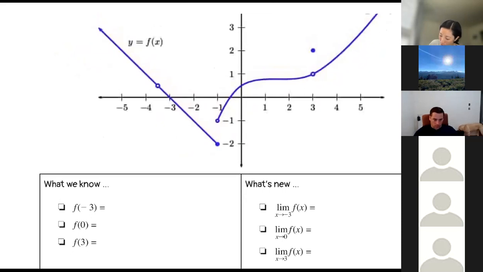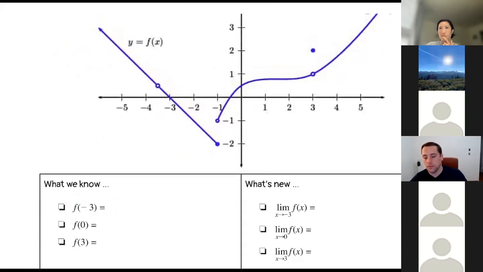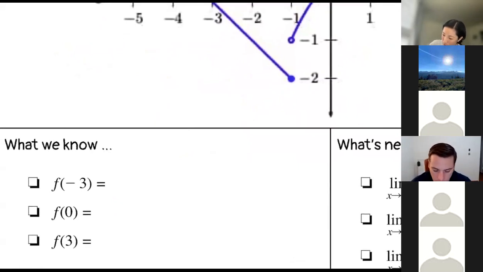But before we panic about what a weird graph, let's start off with some things that we know. And so this first part right here, f of -3, can someone either type into the chat or unmute yourself? What does f of -3 ask you to find? What is the y value at x equals -3? Perfect. What is the y value at x equals -3?